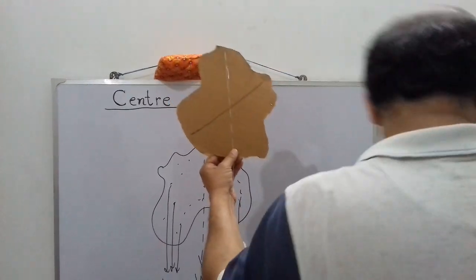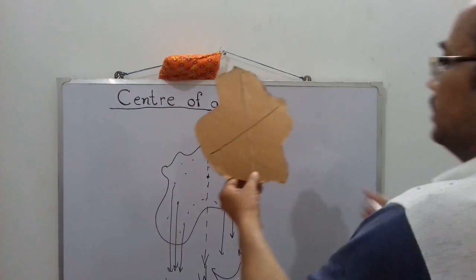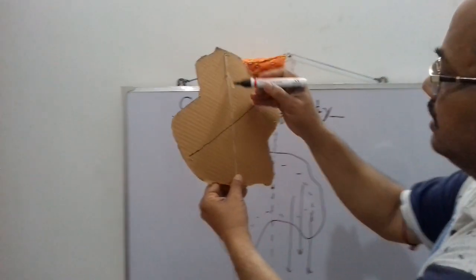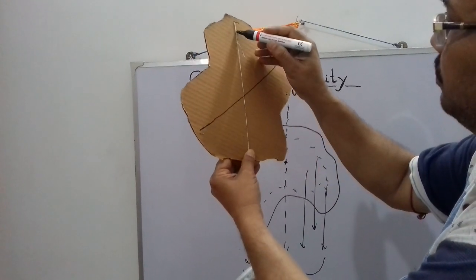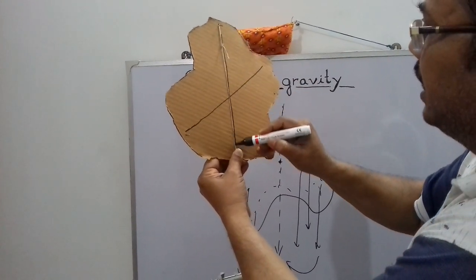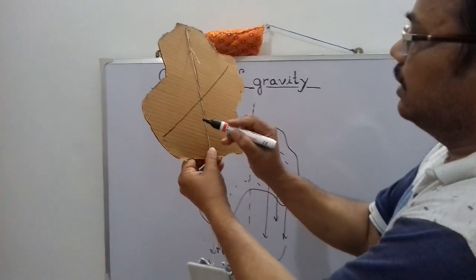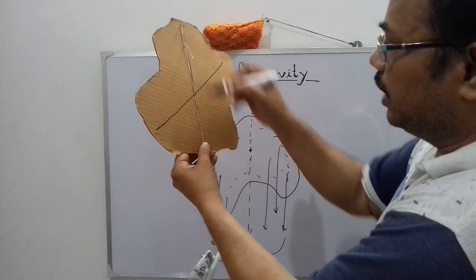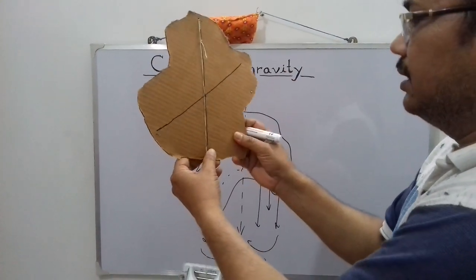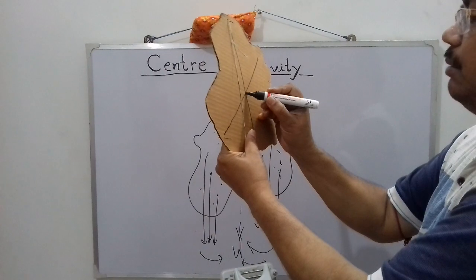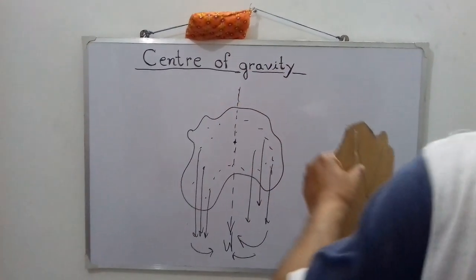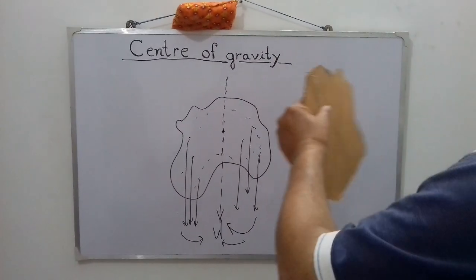Similarly, the center of gravity lies on this straight line also. So if we draw the straight lines, the point of intersection is here. That means the center of gravity is the common point of these two straight lines. Thus, we can find the center of gravity of any irregular object.